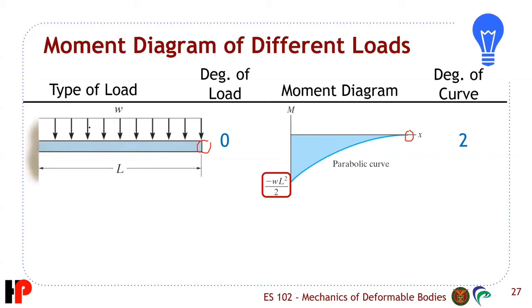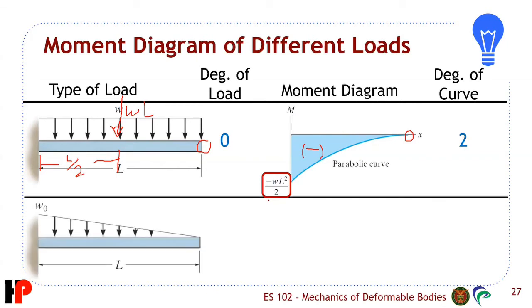For example, the force here would be omega times L. Omega times L. To become a moment, you multiply it by L over 2, so it becomes omega L squared over 2. Again, it points downward, so this is a negative moment. So that is how it is for a distributed load.